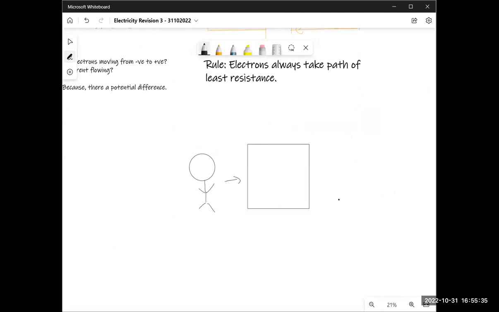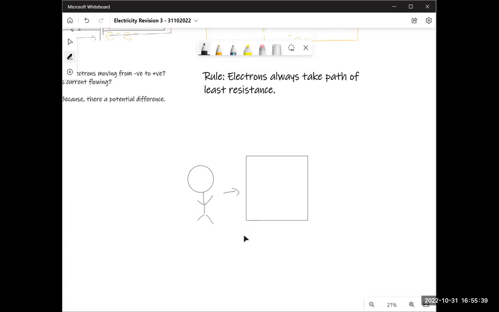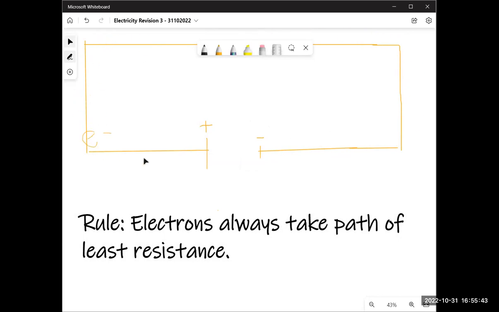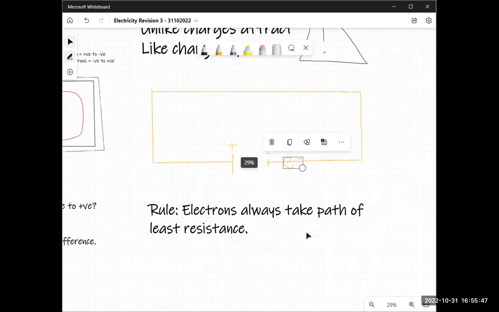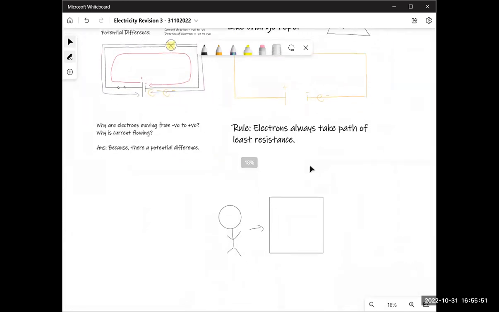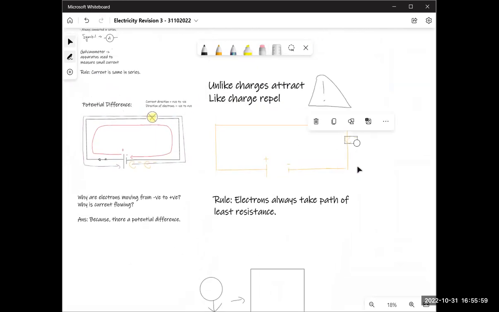You need some force, you have to do some work. So if you push the box, it will take some work. In the same way, for this electron to move, some work has to be done. What has to be done? Work. Now that work is done because of the potential difference. Who does the work? Potential difference. That is the thing that is doing the work. All right. So fine.